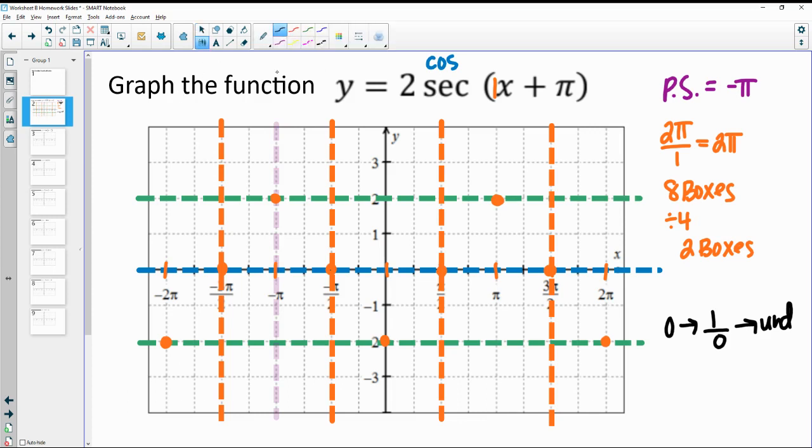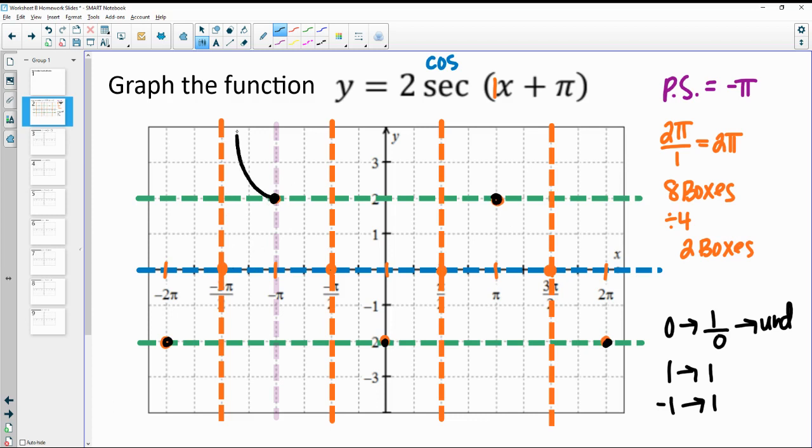So now the other thing that we know is that the reciprocal of 1 is 1 and the reciprocal of negative 1 is negative 1. So this secant function is going to share the mins and maxes. So these are going to be on the reciprocal graph. And then the reciprocal of like 1/2 would be 2. The reciprocal of 1/10 would be 10.